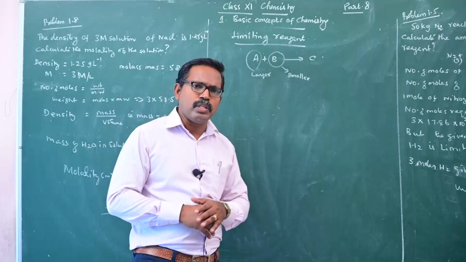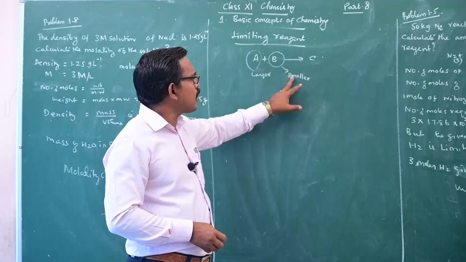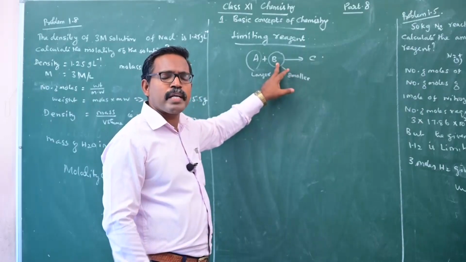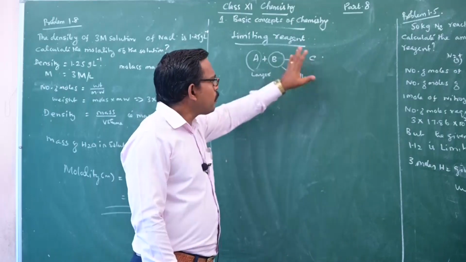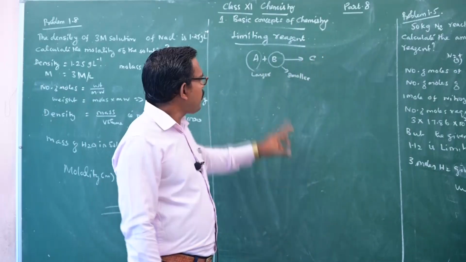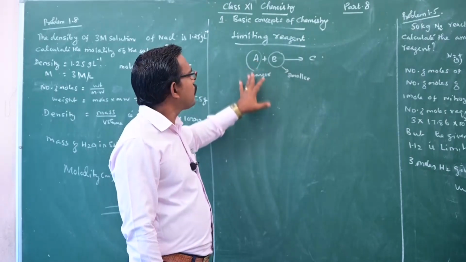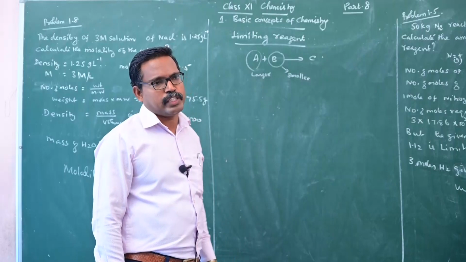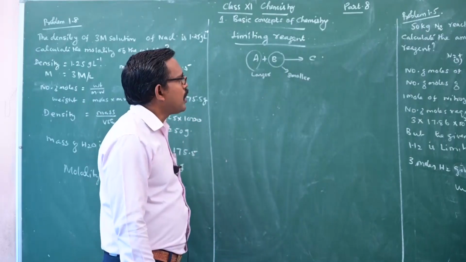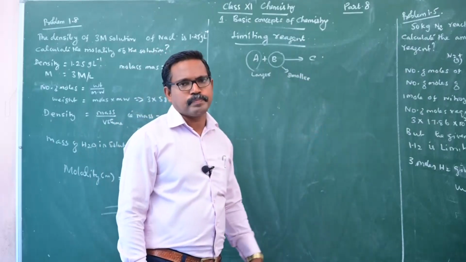Why does it control the reaction? After the complete consumption of reactant B, no more reaction occurs and no more products are formed. But the reaction medium still contains a certain amount of A. This is called the limiting reagent. It can be explained with the help of one problem.